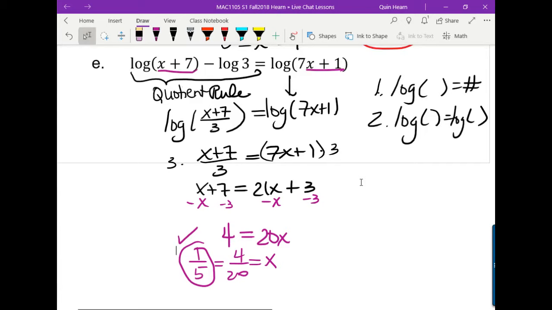Okay, so we're going to subtract x, subtract 3. We get 4 equals 20x. Divide both sides by 20, x equals 4/20ths, or 1/5.